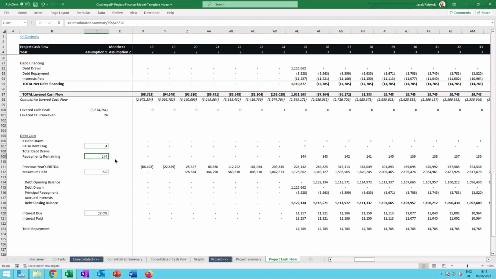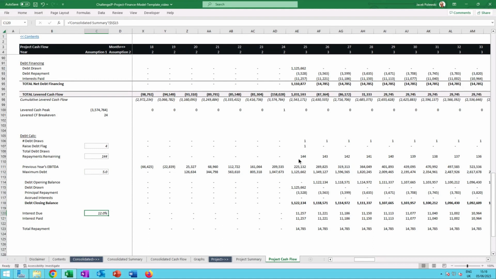Then the model has a term. So in our case, for example, I set it for 12 years, but again, you can set whatever assumption you think is appropriate. There was a maximum debt, a debt ceiling that I set, which I will get back to in 2 seconds. And then, obviously, as with every debt, there was an interest associated with paying the debt.